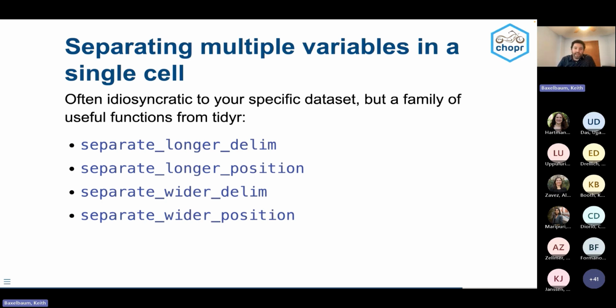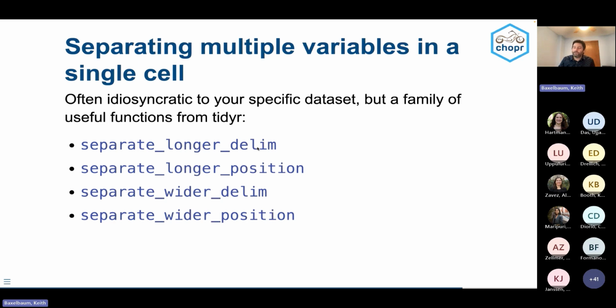And then we need to specify, how are the data smushed together into that cell? Is there a delimiter? Is there a specific character that separates them out? So is there a comma that we know if there's things on the left side of the column, right side of the column, those are separate values? In that case, we would use the delim functions.